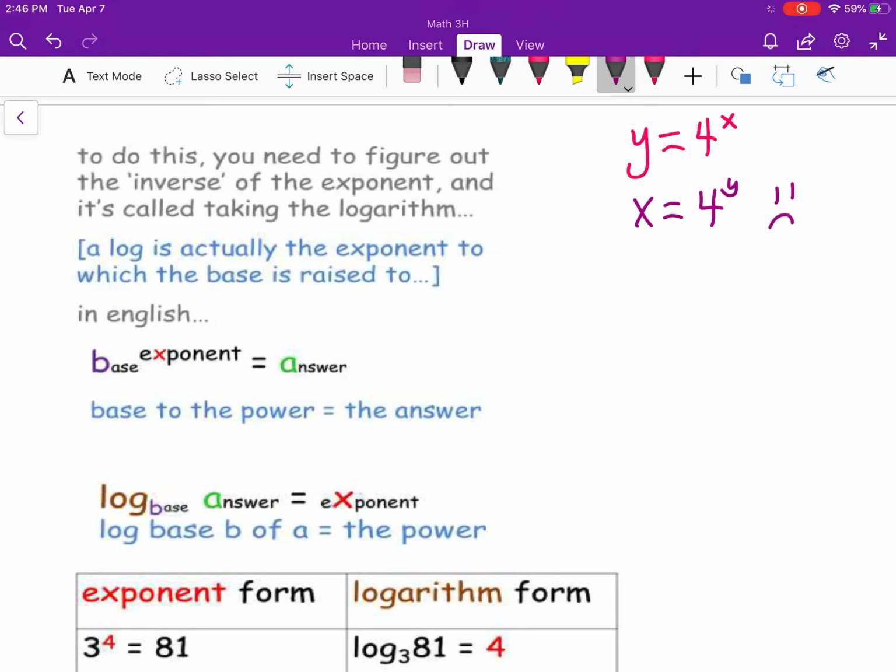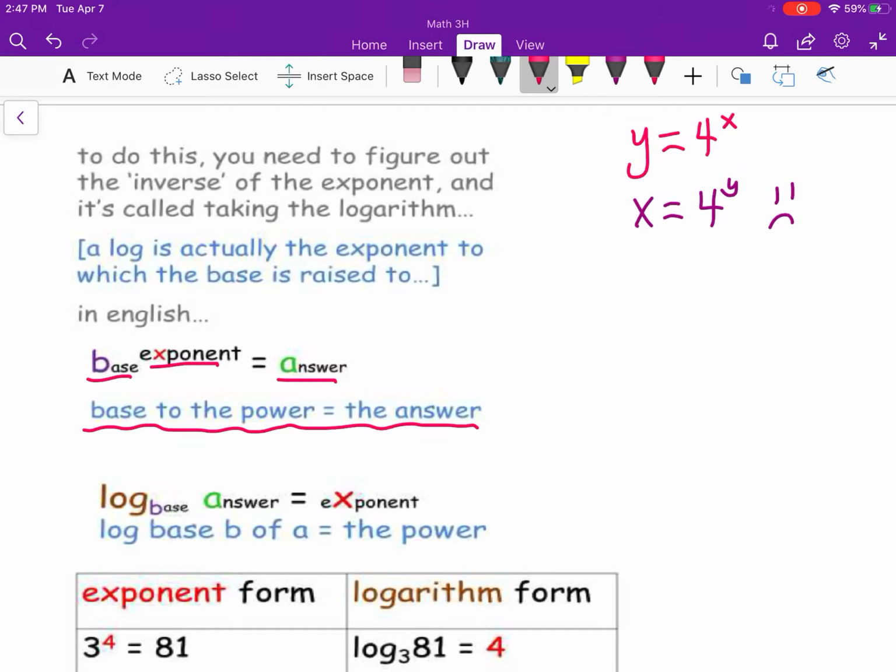So a log is actually the exponent to which the base is raised. So if you notice, when we have y equals 4 to the x, we have a base to the exponent equals the answer. I have that written right here for you.